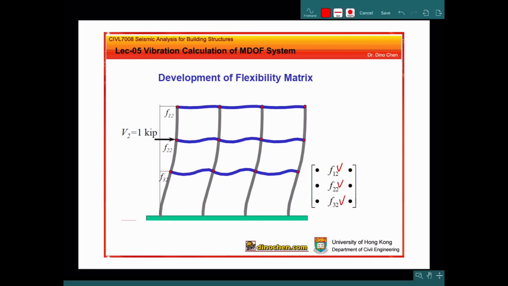So the flexibility matrix lets you get the displacement. We apply the unit force, and then we get the displacement. The stiffness matrix is different: for the stiffness matrix, you apply the displacement, and then you get the reaction force. But for this one, we just apply the force, and then we get the displacement.